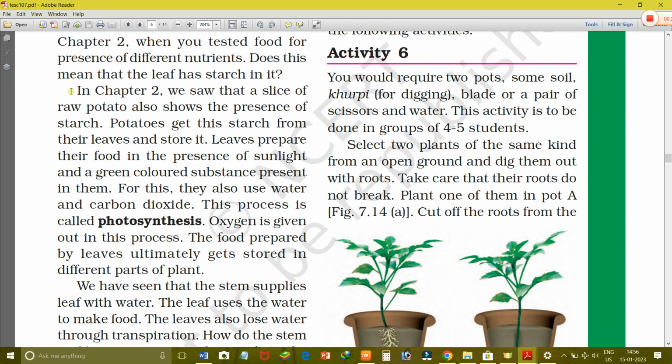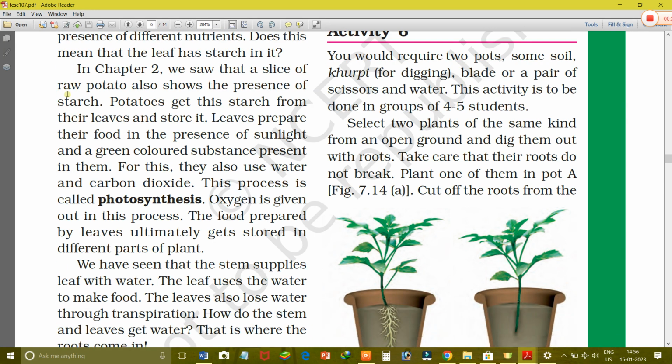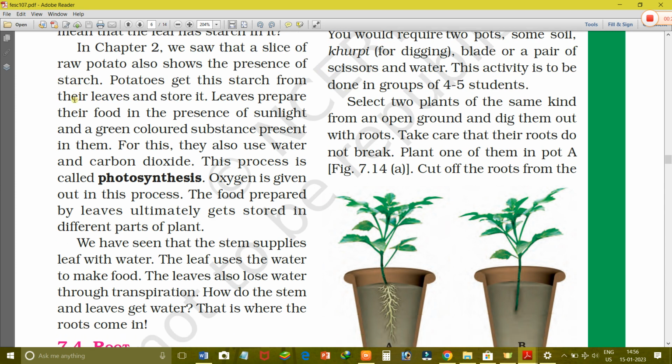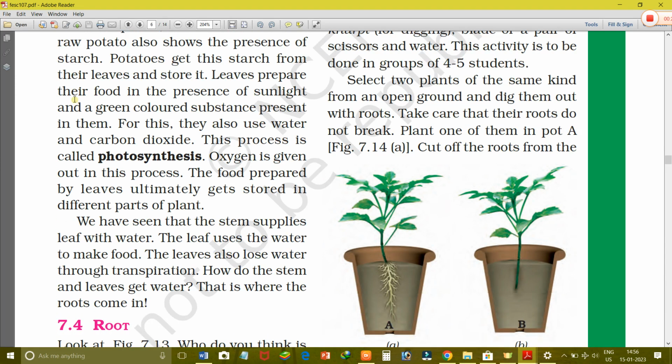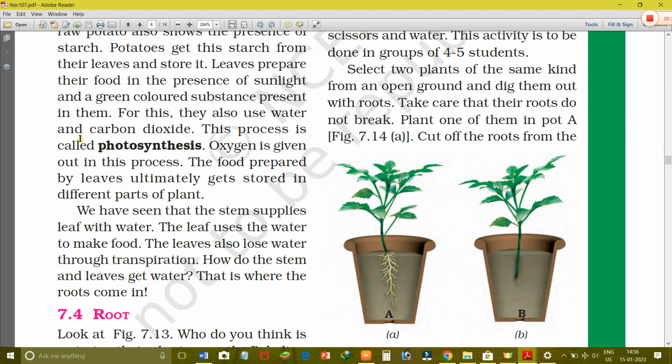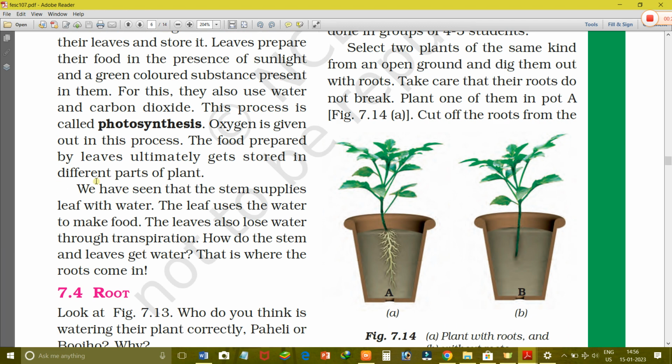Oxygen is given out in this process. The food prepared by leaves is ultimately stored in different parts of the plant that we have seen.